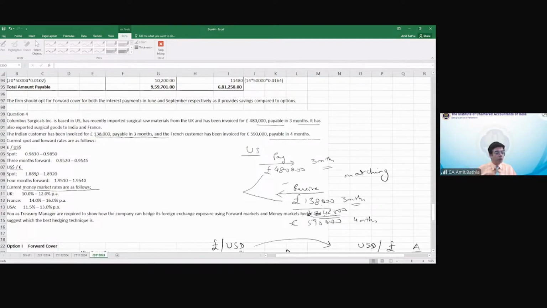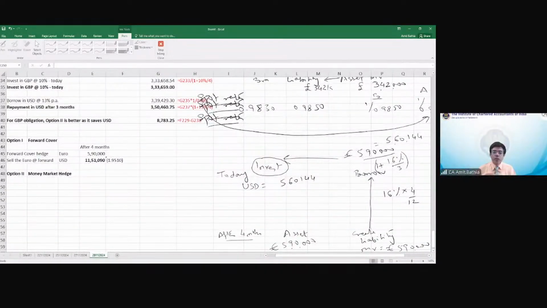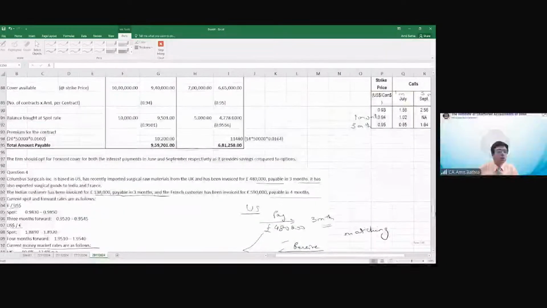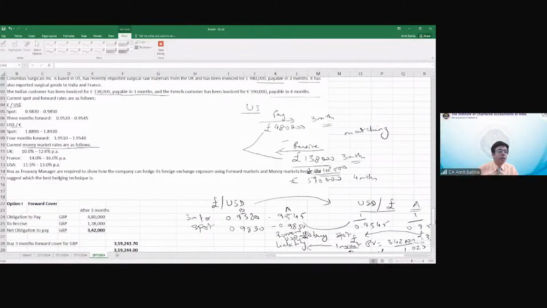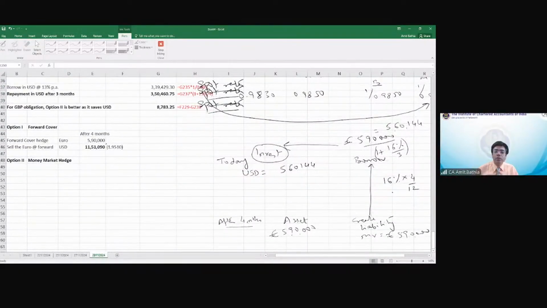Are you going to be selling euros or buying euros? I have already borrowed euro, right? So I'm going to sell euro. The euro which I have borrowed over here, I will bring it over here and sell it. The rate is 1.8890.